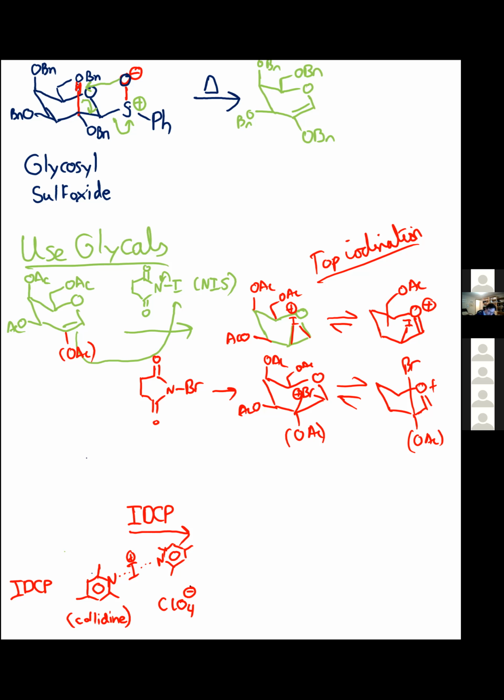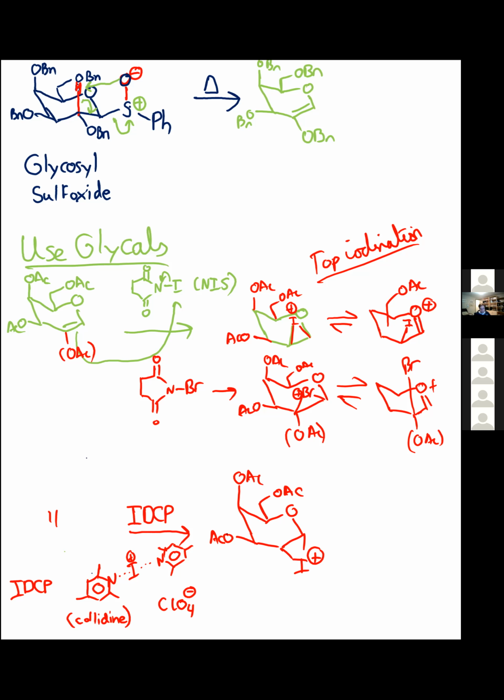You take that same glycal we have up there, ditto, and by the magic of chemistry, you mostly get the down iodine. There is no equivalent for bromine. So this is an iodine specific kind of thing.